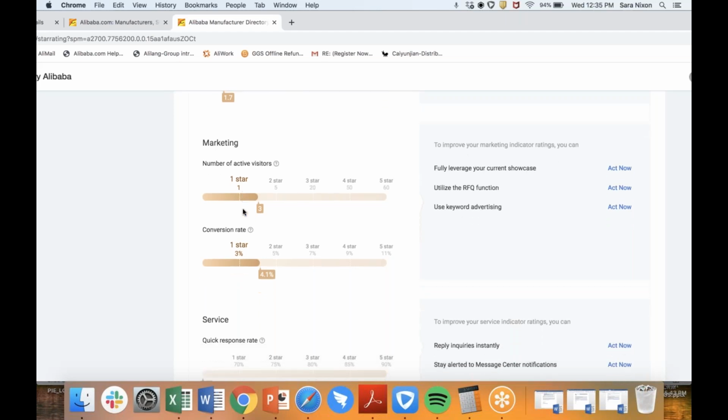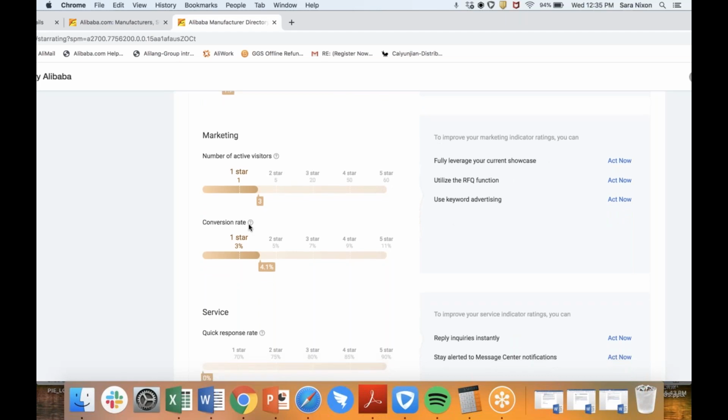The next indicator that we look at is your conversion rate. Conversion rate is defined as the number of active visitors divided by the total unique visitors in the last 30 days. Unique visitors are visitors that are seeing your product and clicking in. To keep your conversion rate up, and to get people viewing your products, clicking in, and actually sending you an inquiry, there's a lot you can do.